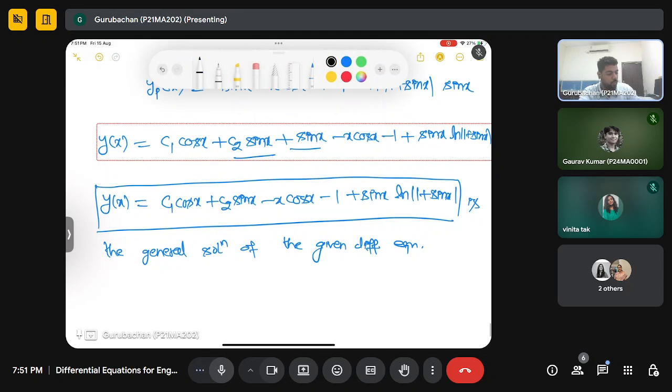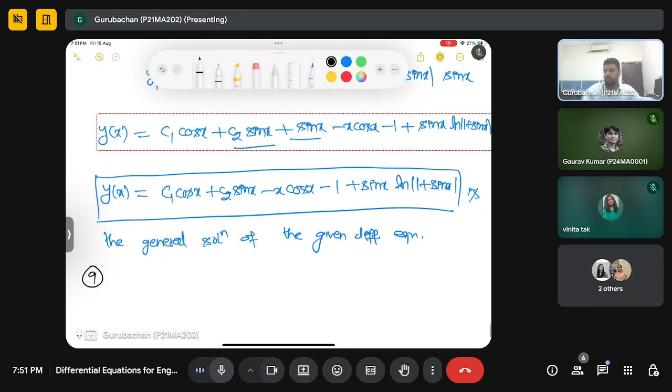Okay, let me give you one more question on this method of variation of parameters.